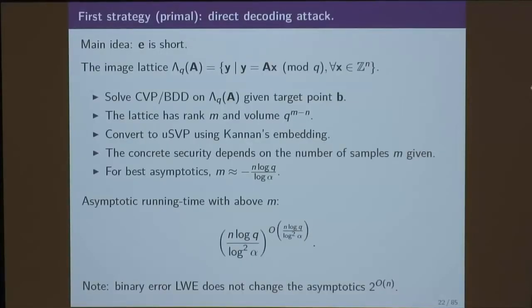To solve this problem, we can convert this BDD problem into a unique SVP problem using Kannan's embedding that I will describe later. But the concrete security depends on the number of samples given. If there's no restriction on the number of samples, then the best choice is to choose m approximately equal to n over log q divided by minus log alpha, where alpha is the error rate. So asymptotically, the running time of this primal attack is given by this relation.